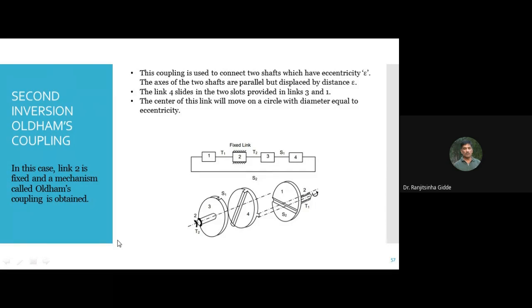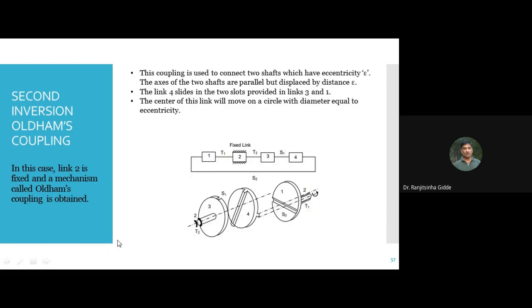This is the coupling which is used to connect two parallel shafts with allowable eccentricity. That does not mean that there is a 1 foot distance between the axes of rotation of the two shafts, right? So for certain eccentricity we can use such a coupling to connect two shafts having allowable eccentricity.